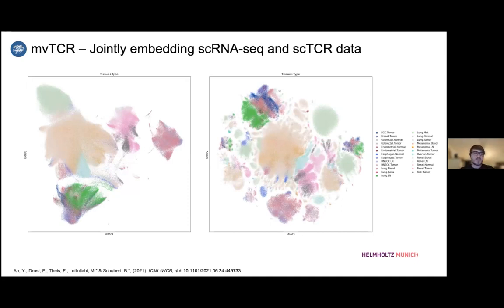I'd just like to point out that the separation of these tumor types and tissues seems to be much better conserved and more clearly separated in our joint latent embedding on the right, whereas in a transcriptomic space we see more intermingled, less defined clusters forming.